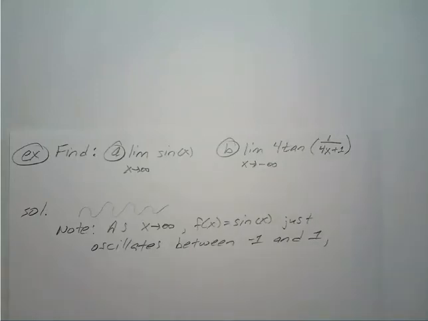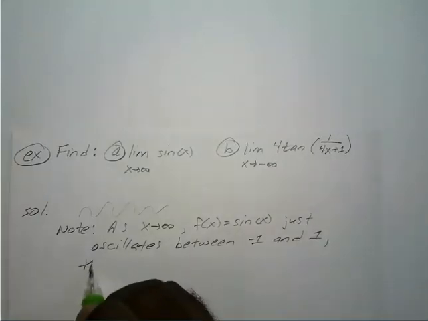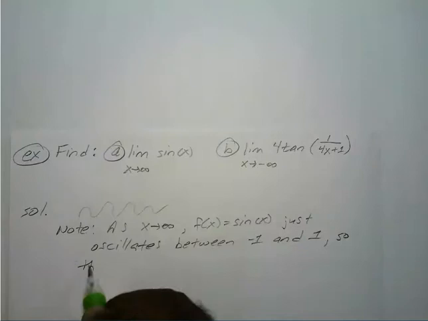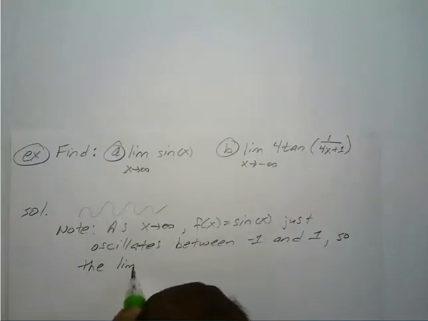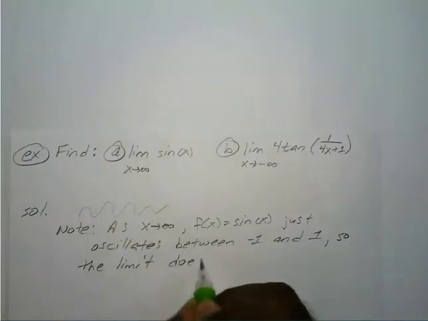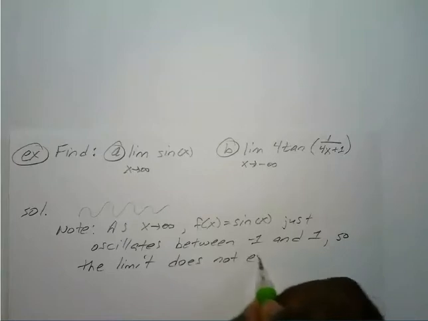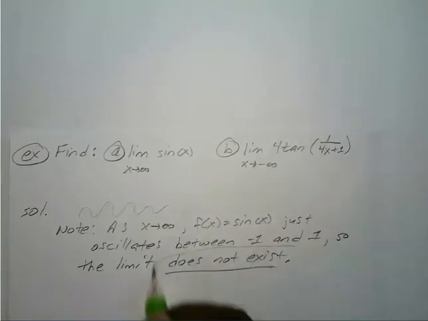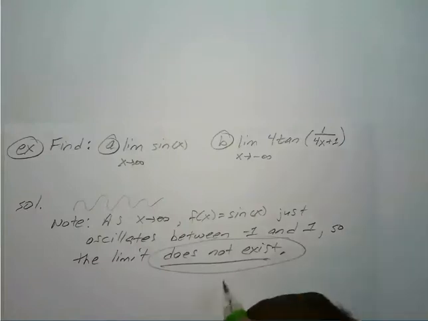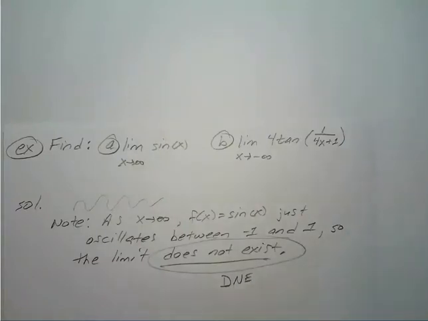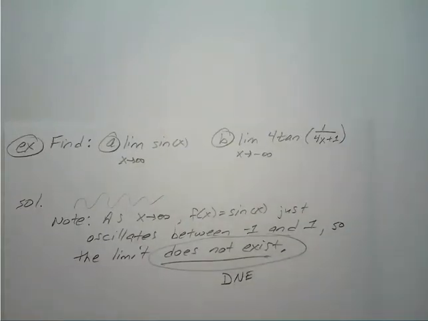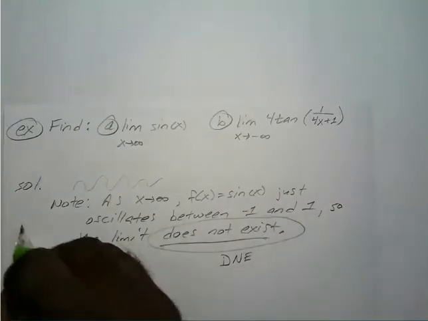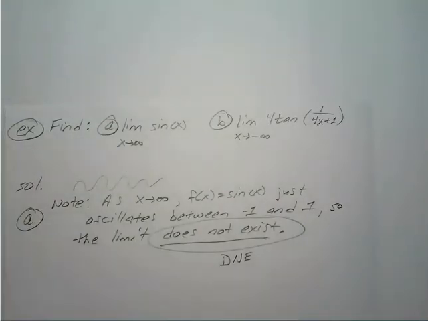So in this case, the limit does not exist. That is actually your answer. It does not exist. Or in most cases, it would just be DNE. Alright, so that's problem A.